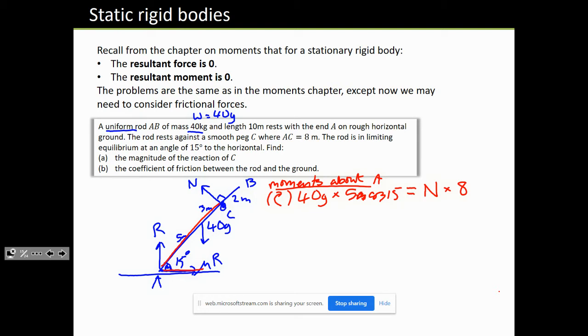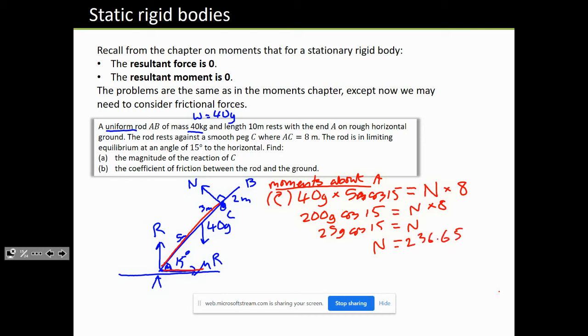All right, so 40 times 5, so we have 200 g cos 15 is equal to N times 8, or 8N. So we have 25 g cos 15 is equal to N. If we do that calculation, 25 times 9.8, remember it's 9.8, which is what we use in maths instead of 9.81, we get N is 236.65.